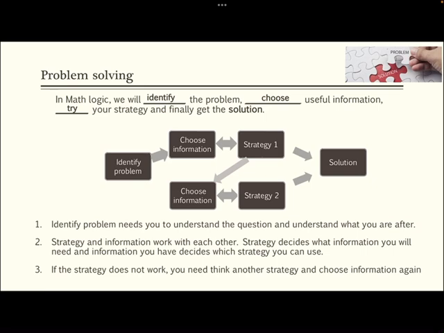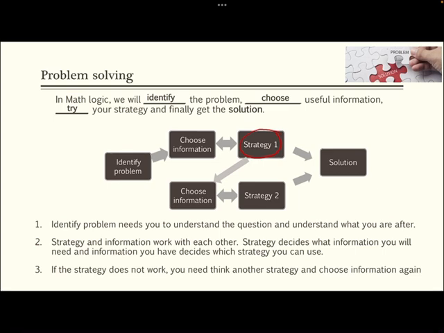We need to process and choose the information that can help us find the answer. And then try different strategies, which means after we collect enough information, we will try the strategies. Some of the strategies might be working, but some might not.